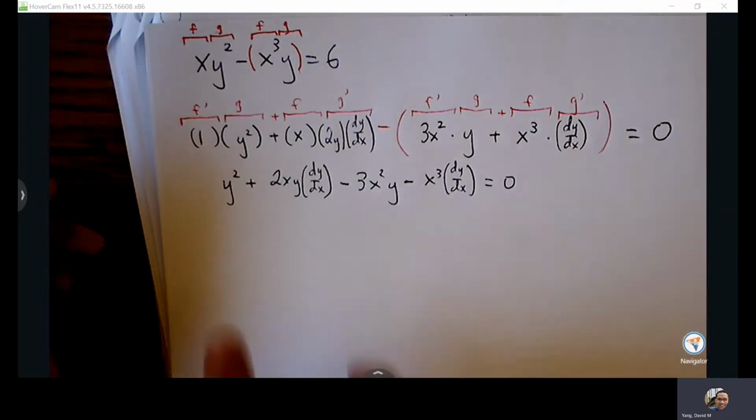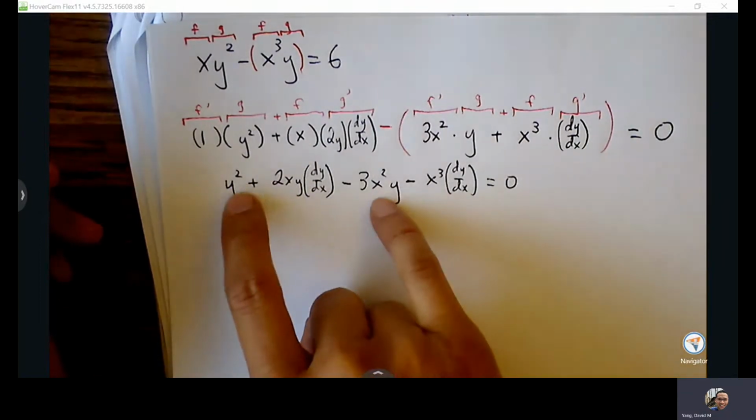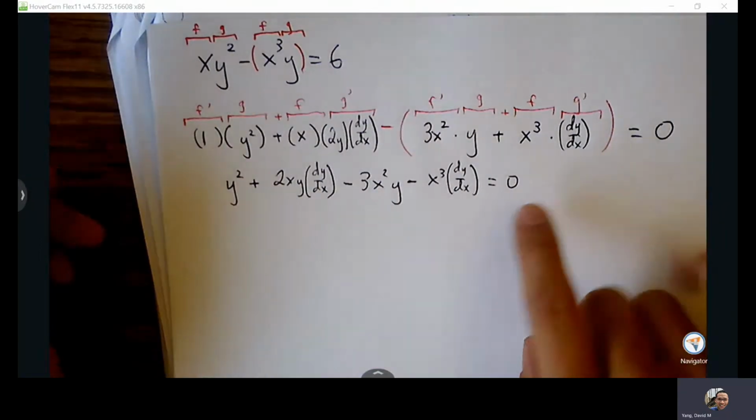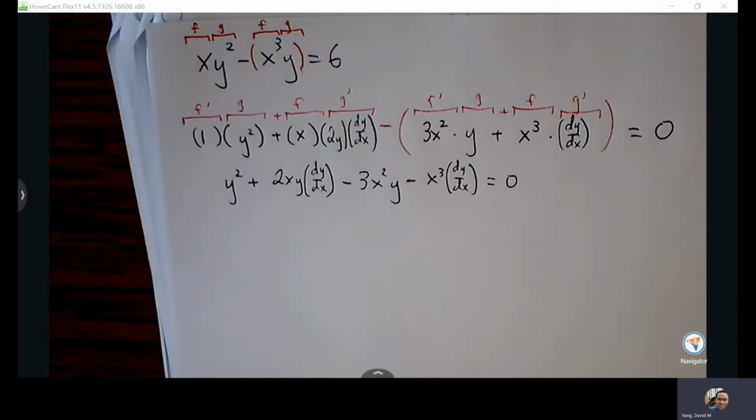Okay, factor out the dy dx. Oh, actually, I'm going to move these terms first. Let's push all the terms that don't have dy dx's on the right side so that I can just cleanly factor my GCF of dy dx out.